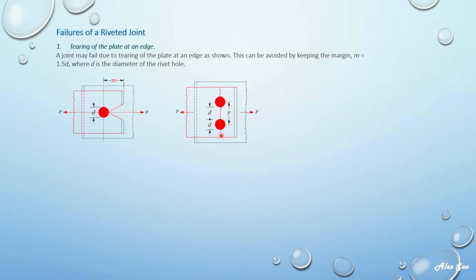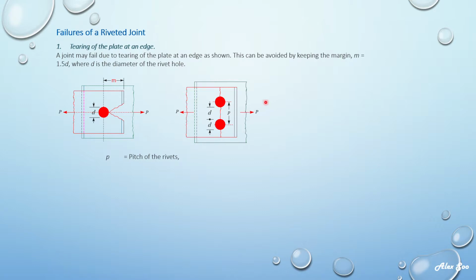Now, how to measure the strength of the rivet due to tearing? How much strength can it withstand? You take force equals stress times area, which is defined from stress equals force over area. So the strength, the load, will be equal to stress times area.